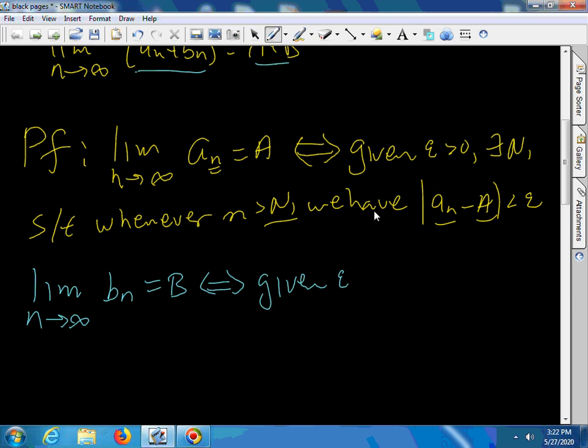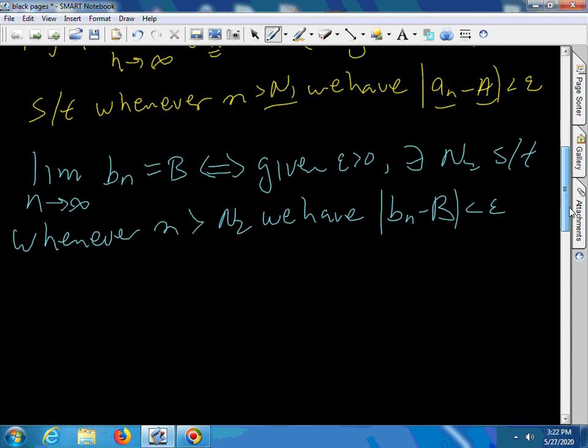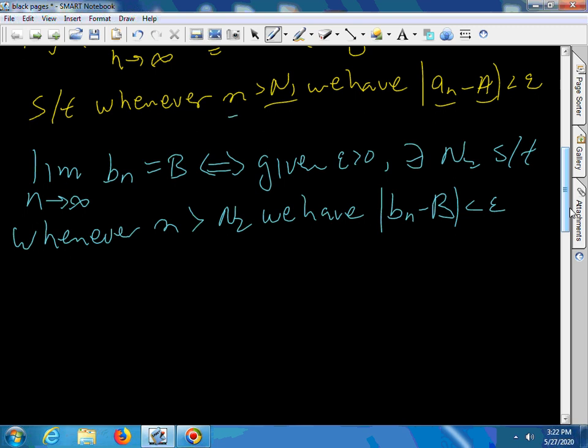It's the same as given epsilon greater than 0, there exists an N2 such that whenever little n's are sufficiently large, we have that the difference between the b_n's and the b is small. Now notice that little n just has to be bigger than N sub 1. If little n is bigger than N1 plus a million, this would also be true.